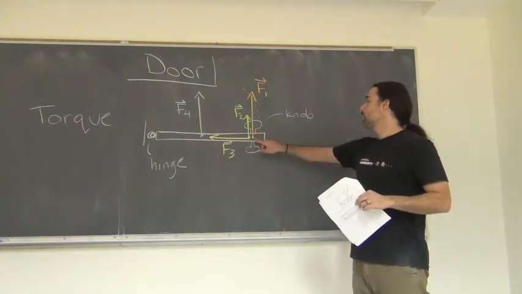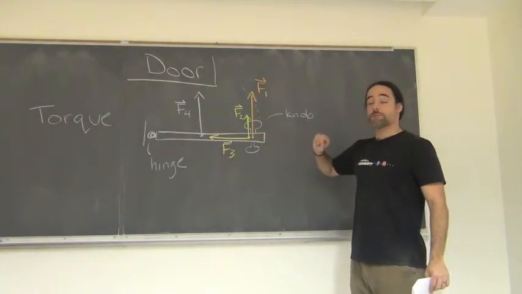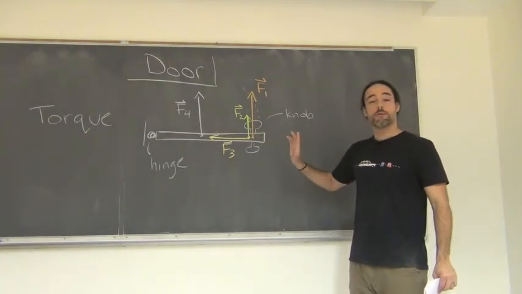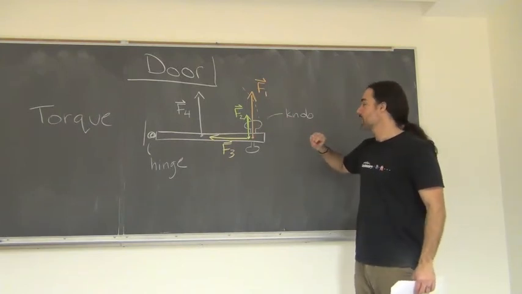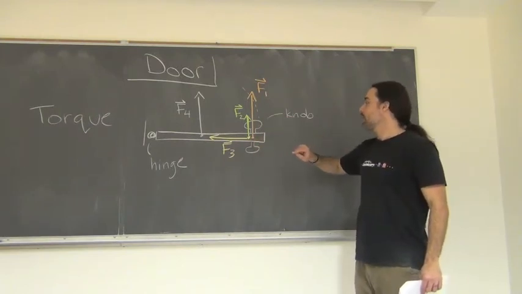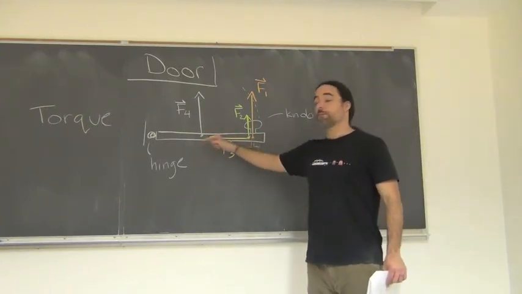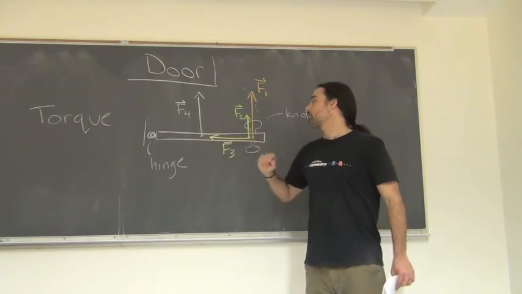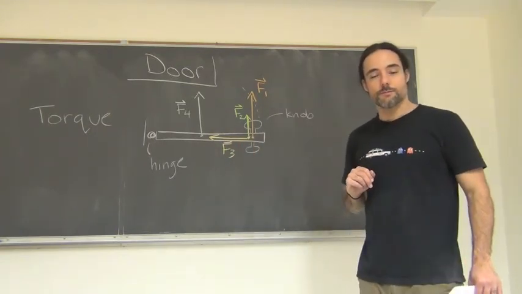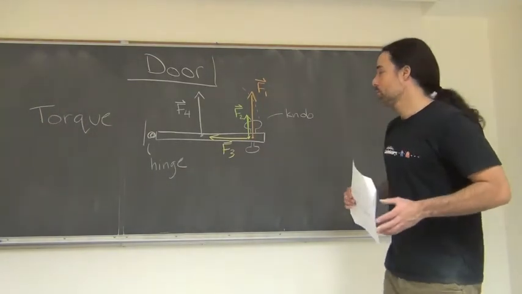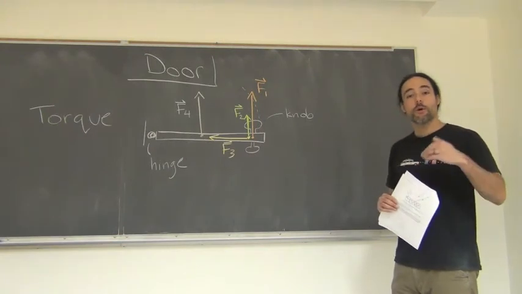So you have 4 different options. Option 1, you can push right at the doorknob with a fairly large force. Option number 2, you can push right at the doorknob with a slightly smaller force, about half as much, I should say. Option 3, push with a fairly large force, but you're going to be pushing to the left. For option 4, you push in the middle of the door with, again, a fairly large force. Most of you would be able to intuit that F1 is going to be your best option.